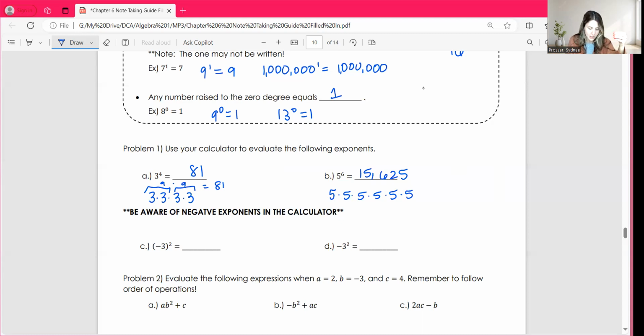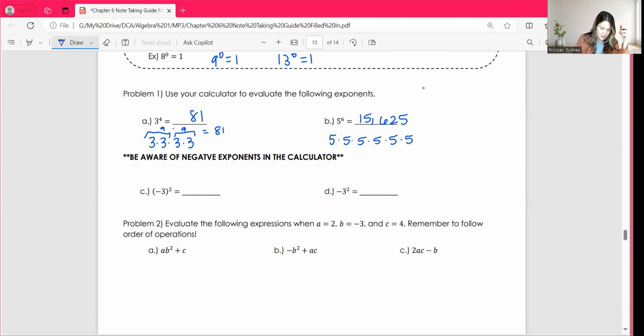Okay. Be careful with negative exponents in a calculator. Parentheses matter. So when we look at C here, if you type in -3 squared into a calculator, and I'm going to do it also and show you, you're going to get a -9.